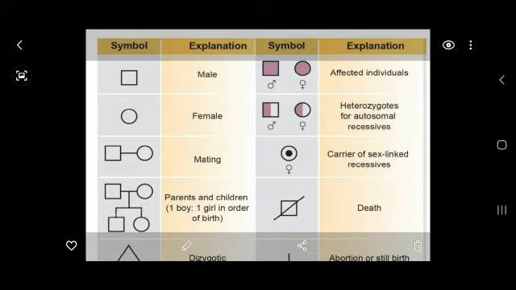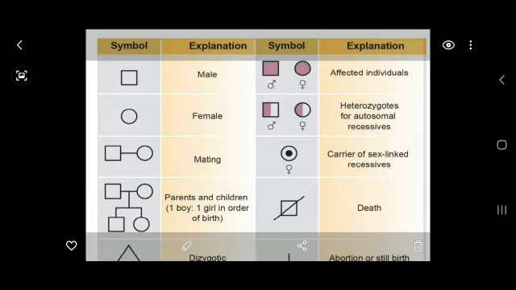If they are affected, then they will be completely shaded. If they are heterozygous, then they will be half shaded. If they are the carrier of a sex linked disease, then there will be a dot inside it.